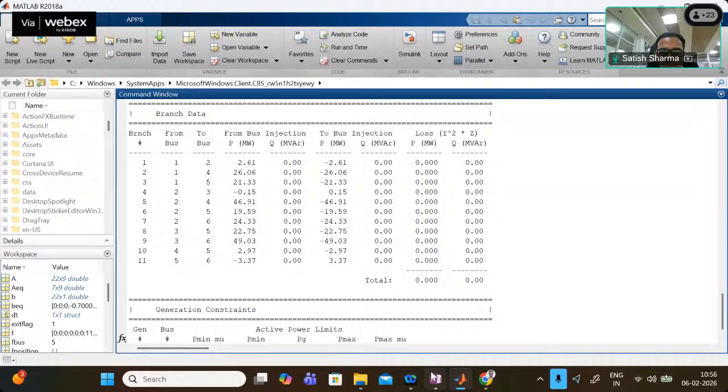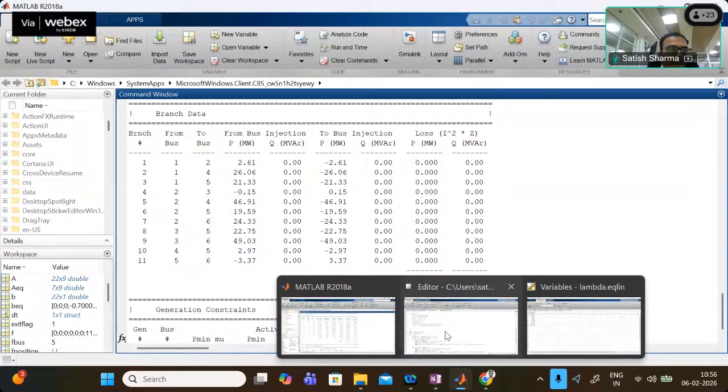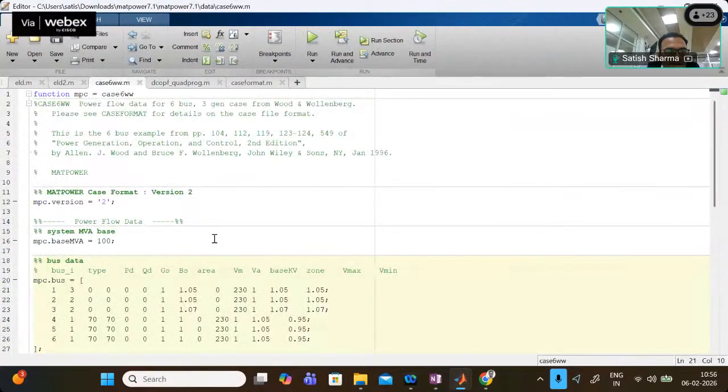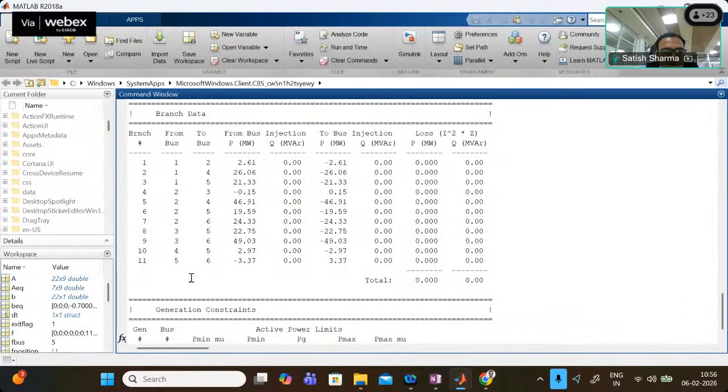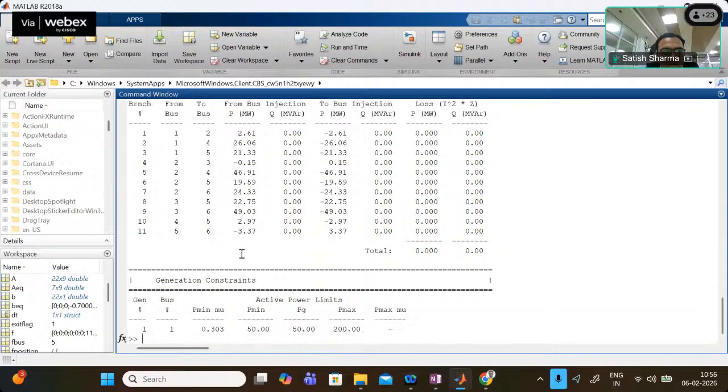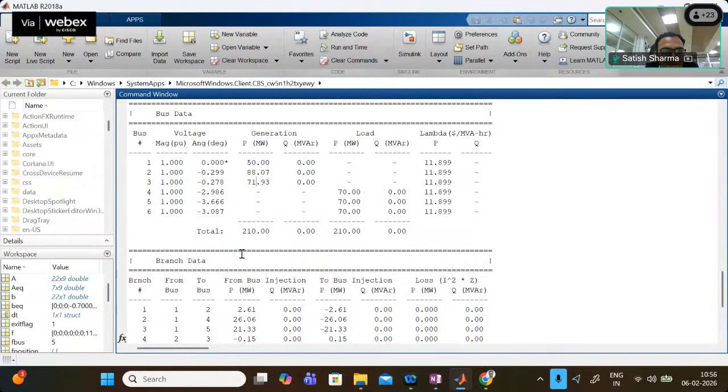So the branch data is this, and these are basically 40, 60, 90, 80, 20, 4, 5, and none of these has been violated because none of these has been placed to the fixed value. So we can see that line limits are not enforced, but power outputs are something else.